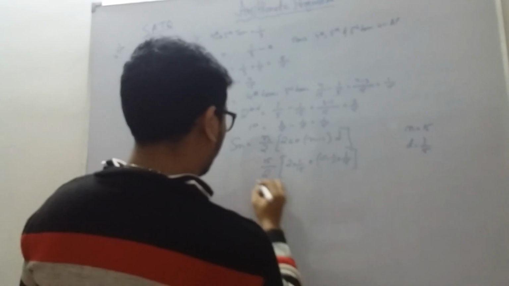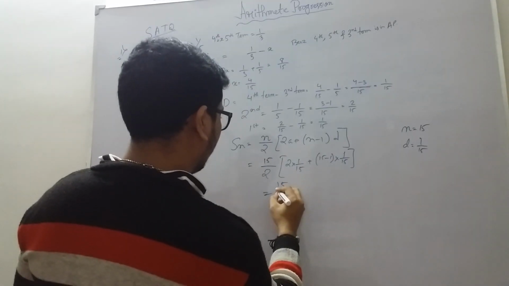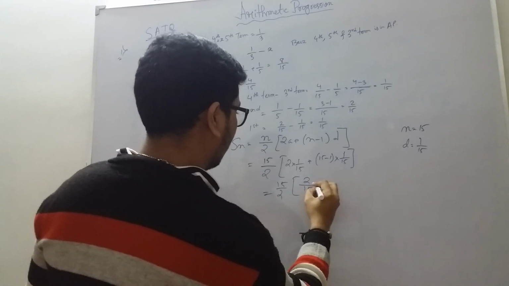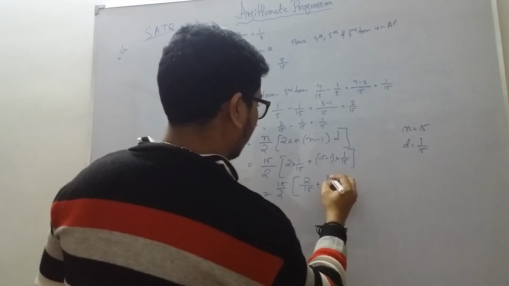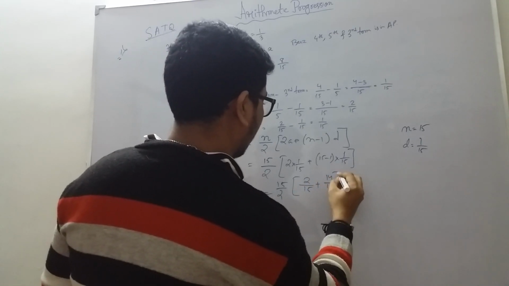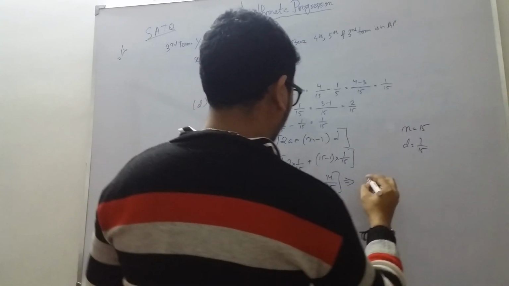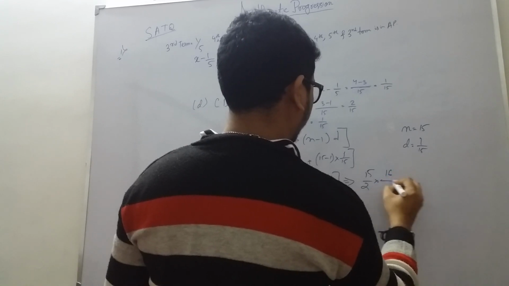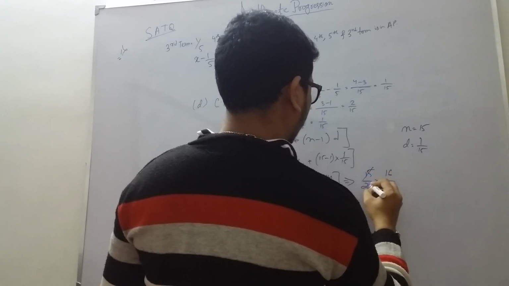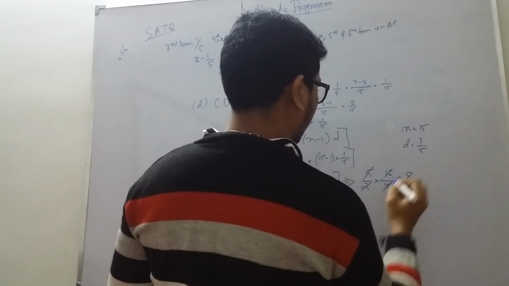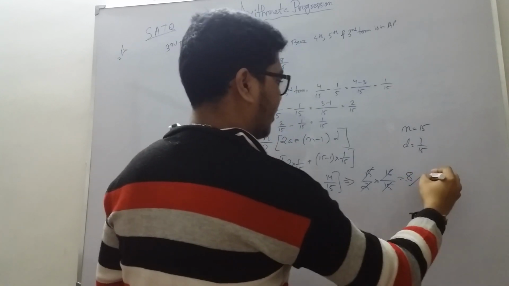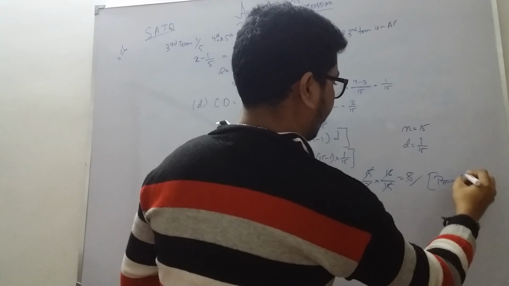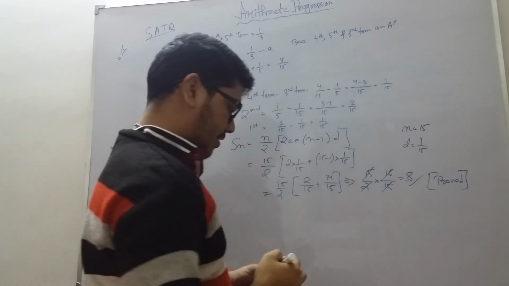So we get 15 by 2 into (2 by 15 plus 14 by 15), which equals 15 by 2 multiplied by 16 by 15, and if we cancel it out, it goes to 8. So 8 is the answer. We have hence proved that the sum of the 15 terms is 8.